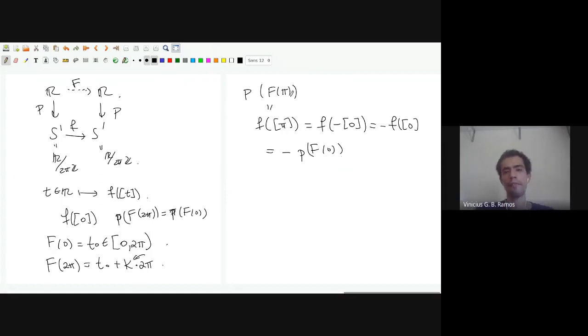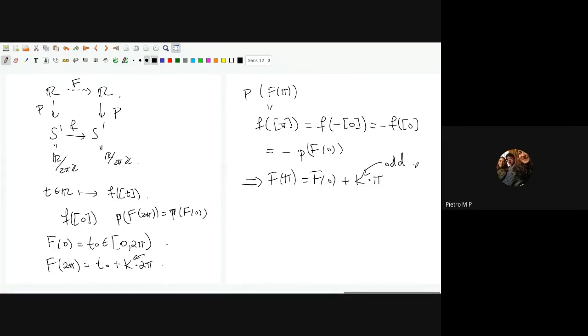So the projection of f of pi has to be minus the projection of f of 0, which means that f of pi and f of 0 in the circle, when you look at them in R, have to differ by an odd multiple of pi. So this implies that f of pi has to be f of 0 plus an odd multiple of pi. Otherwise, when you project to S1, you wouldn't have one being minus the other.